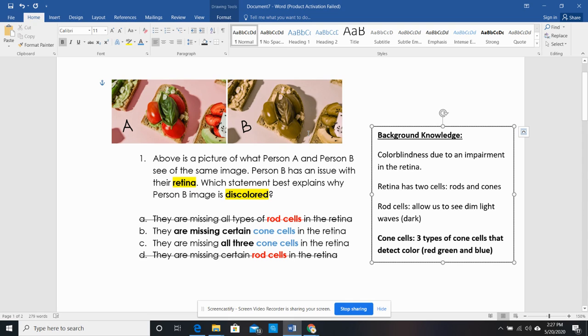Now let me ask you this question. Do they still see some color? If you said yes, then you're on the right track. So now let's look at my answer choices. I need to decide, based on the picture, are they missing only some of the cone cells or all 3 of the cells? Well, you guys told me that they do see some colors. Do they see all of them?